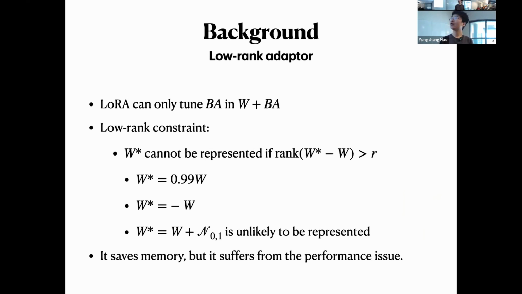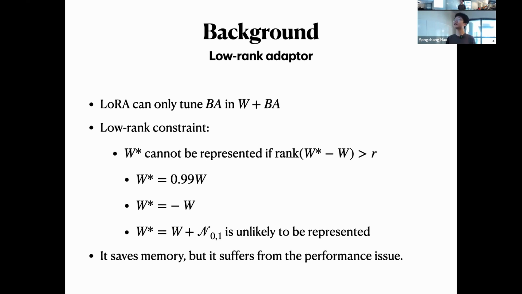But one caveat is that we only tune B and A in this W plus BA, and BA is constrained in the low rank space. So basically, you cannot represent any matrix W star that has this form. If the rank of W star, the difference between W star and W, is larger than r, you cannot represent it anymore.